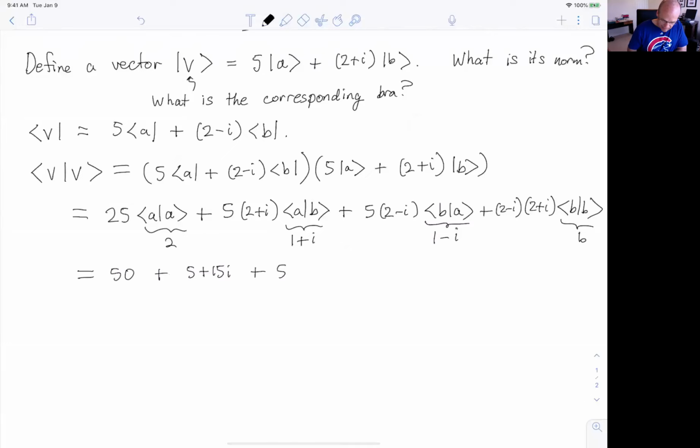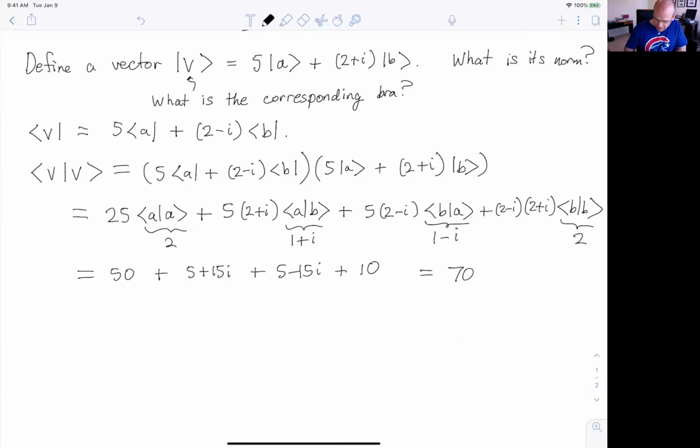The third number is 5 minus 15i. And the last number is, oops, this BB, I meant to write 2. And the last number is 10. And so the whole thing is equal to 70.